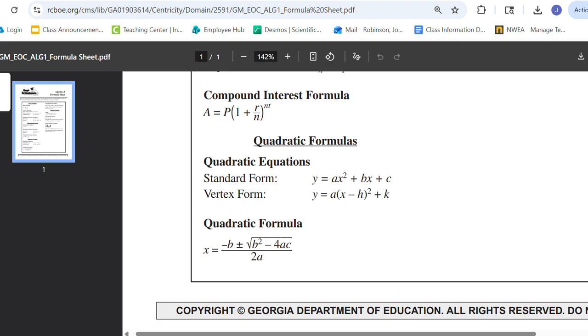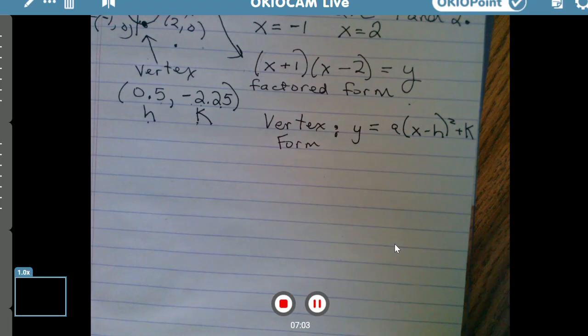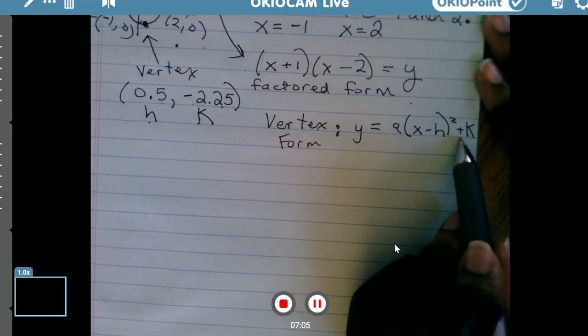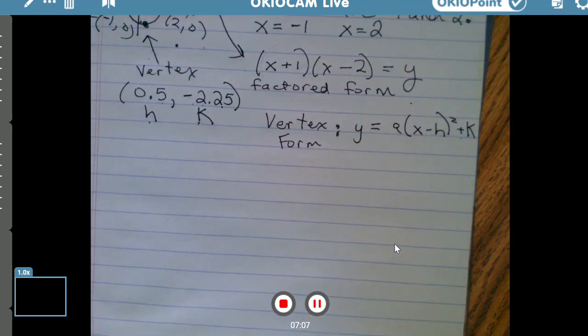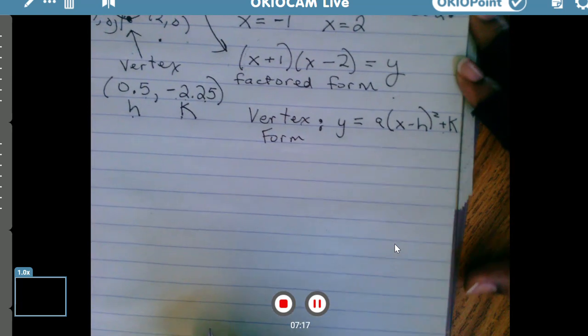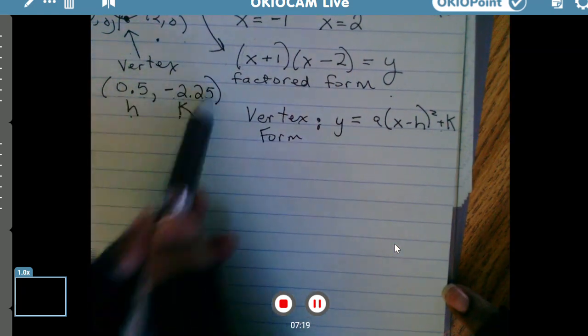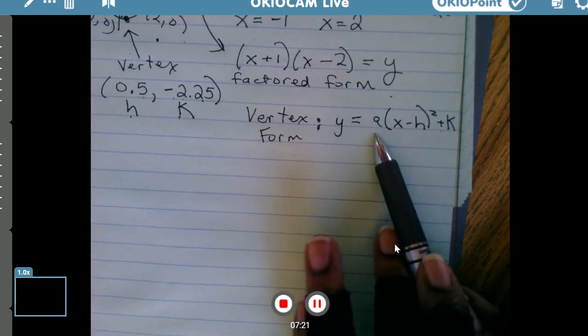Alright, so now I'm going to write that down right here. If we can go up 1 over 1 from the vertex, we'll say that a is 1. I know that a is 1 because we already put it in factored form. So the vertex form for this, if you know that this is the vertex, you should be able to write it in vertex form.